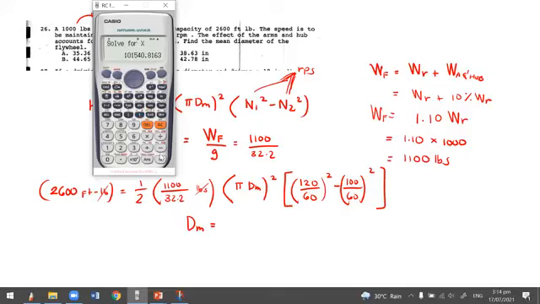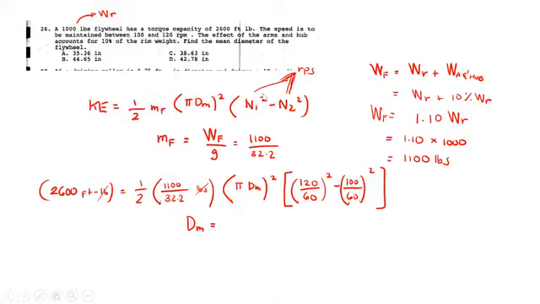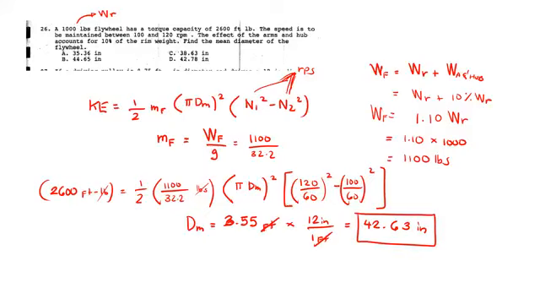Shift solve gives a diameter of 3.55 feet. Multiply 3.55 feet by 12 inches per foot, and the answer is 42.63 inches, about 42.78 inches.